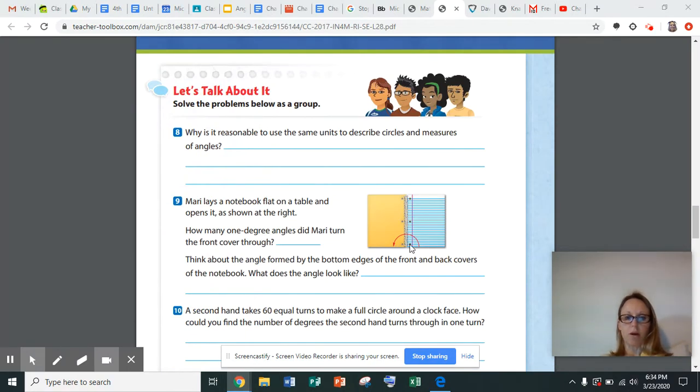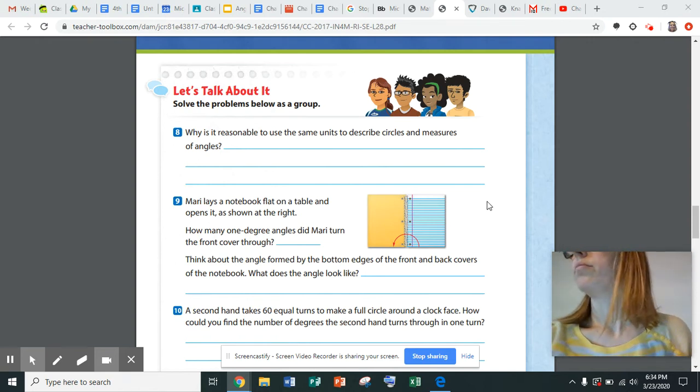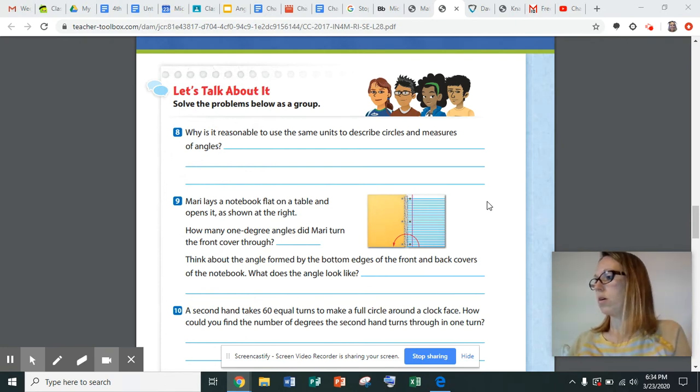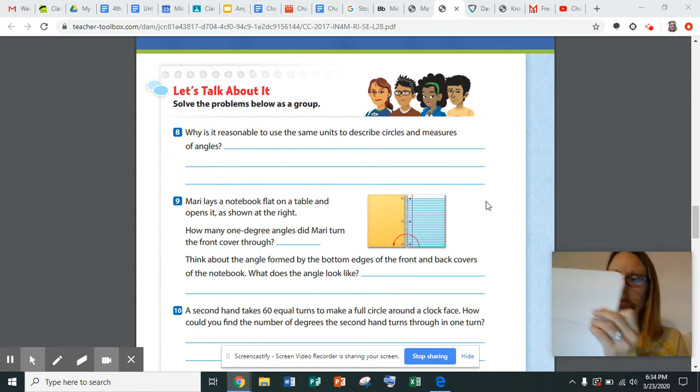But when we talk about this angle measure or a straight line, so when you think about drawing a straight line, here, let me get my dry erase board. When you draw a straight line, sorry, there's kind of a glare.